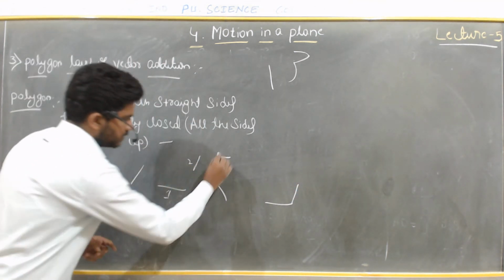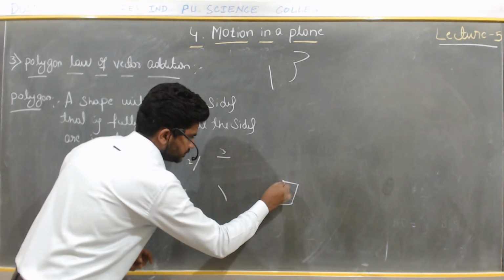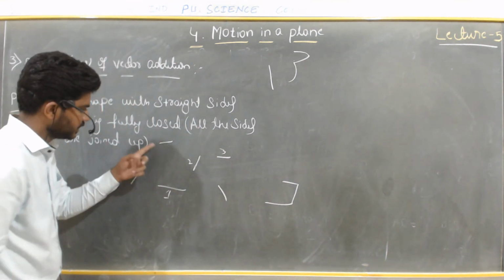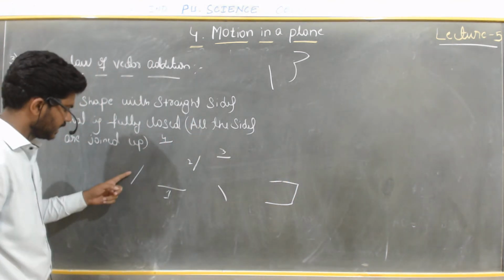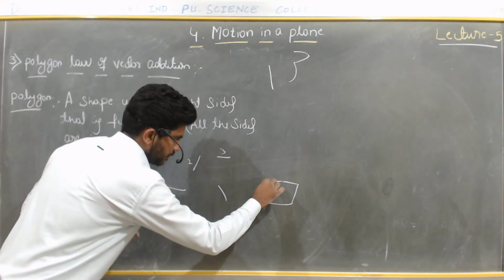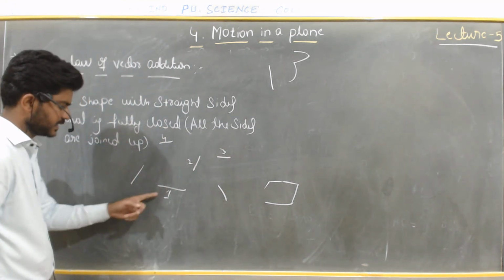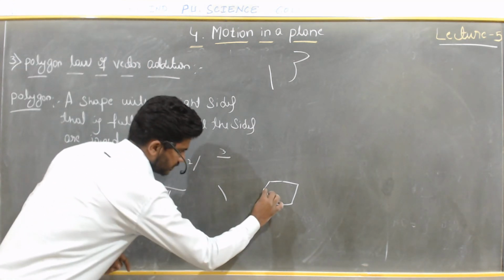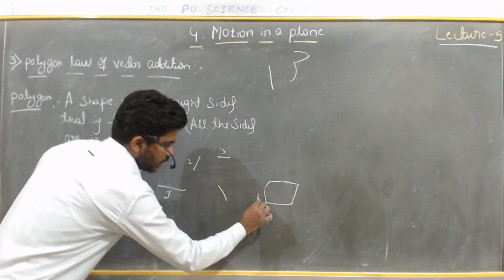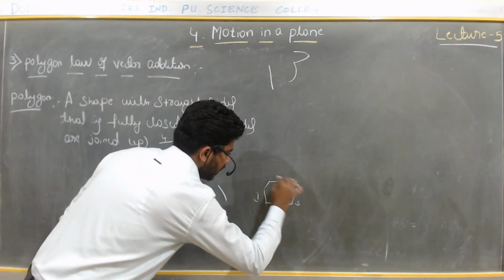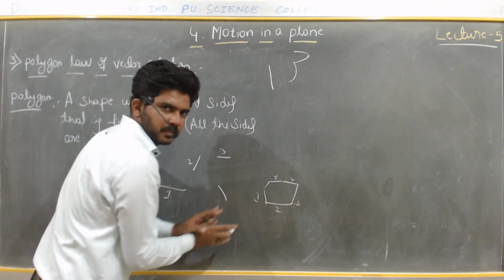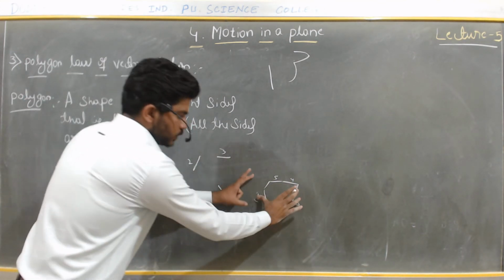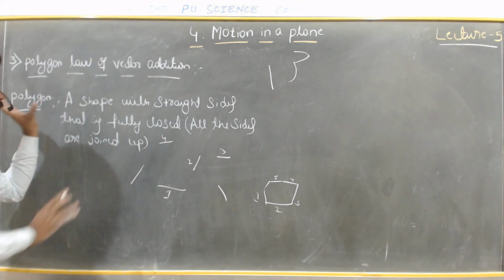Next I will take side 3, then 4, then the 5th one, and then the last one. See, all the sides are closed up and the sides are straight lines. So this structure we call a polygon.